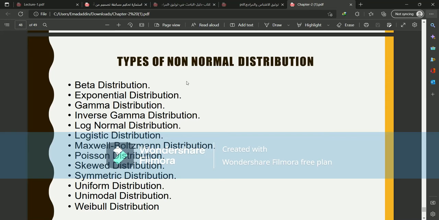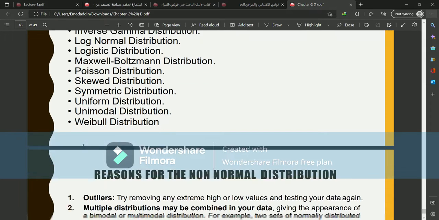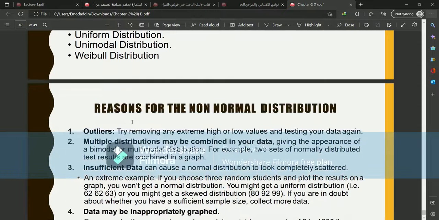Types of non-normal distribution: beta distribution, exponential distribution, gamma distribution, inverse gamma distribution, log normal distribution, logistic distribution, Maxwell-Boltzmann distribution, Pareto distribution, skewed distribution, symmetric distribution, uniform distribution, unimodal distribution, and Weibull distribution.